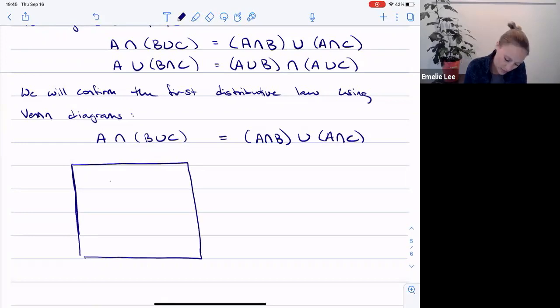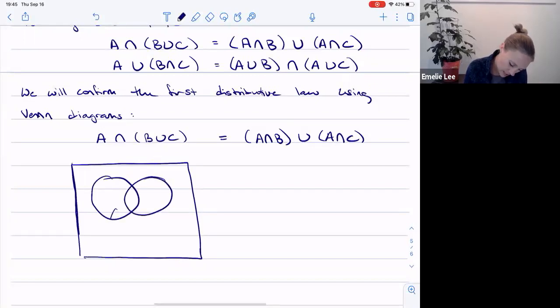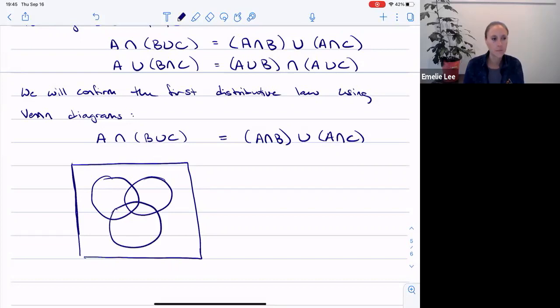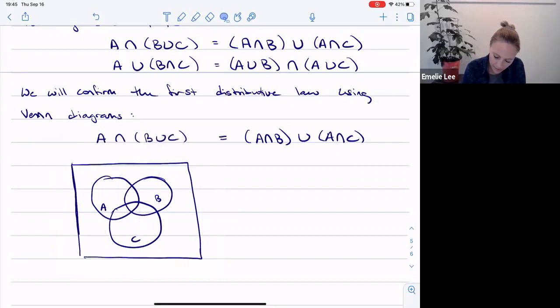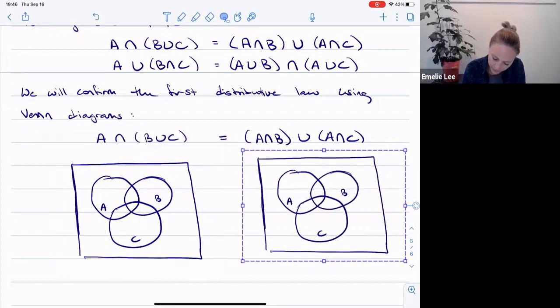So we draw our sample space, maybe a little bit bigger. A, B, and C. I'll label them like that. And then because I can, I'm just going to cheat and copy this over here.